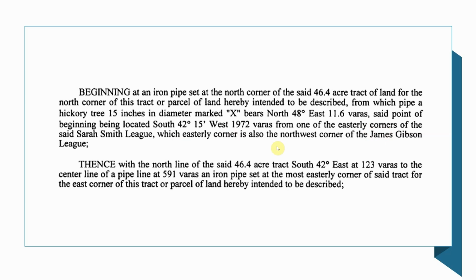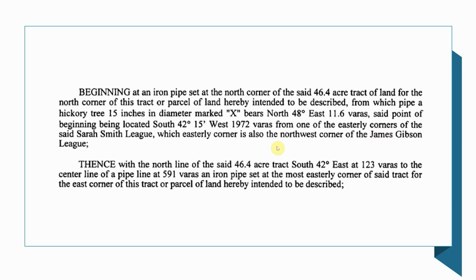So now you have two leagues. You're going to find that easterly corner where they're meeting, and then you know from there along that line how far and in what direction you should be going to get to your point of beginning. So now we've essentially triangulated that point of beginning.